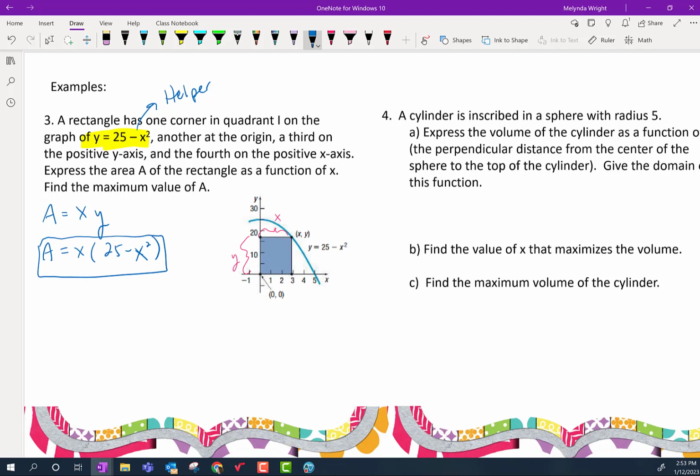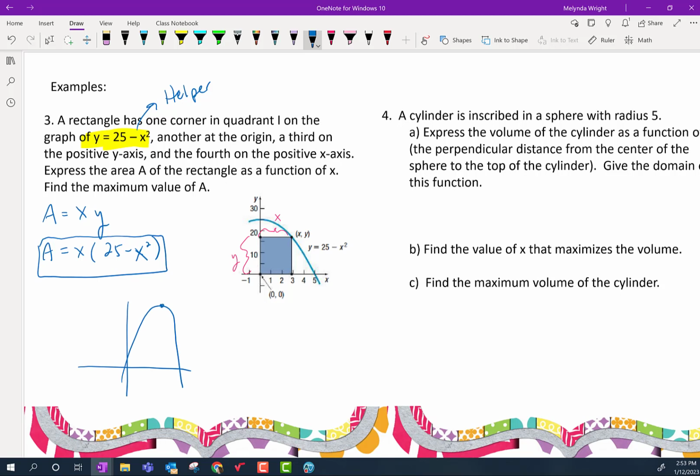Okay, now what do they want us to do? They want us to find the maximum value of A. Well, what would we do? We're going to put that equation in our calculator. Now, just for time's sake, I'm not going to pull my calculator up again. I think we're pretty comfortable putting stuff in the calculator. So I'm just going to draw you a picture. When I put it in my calculator, it looked kind of like that.